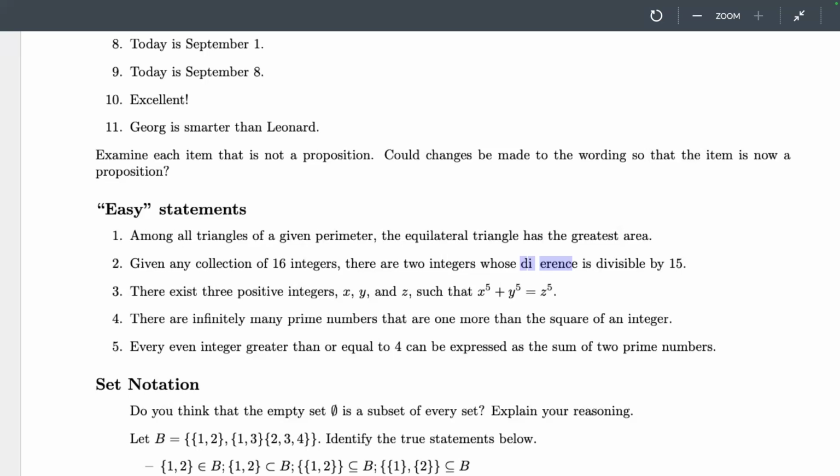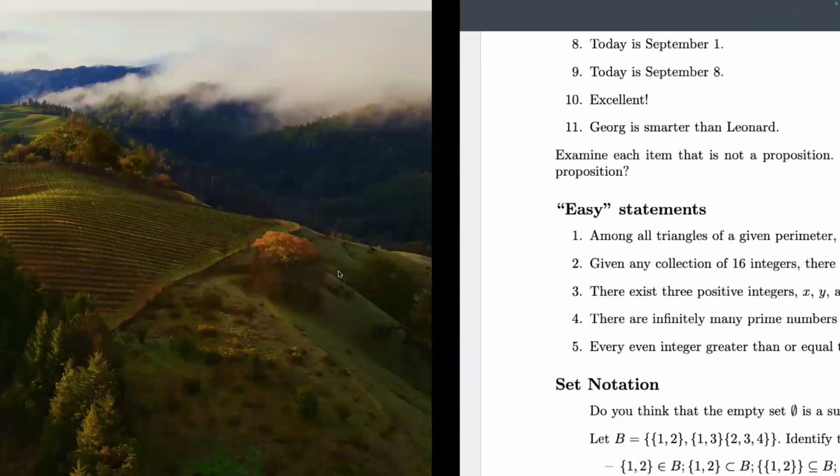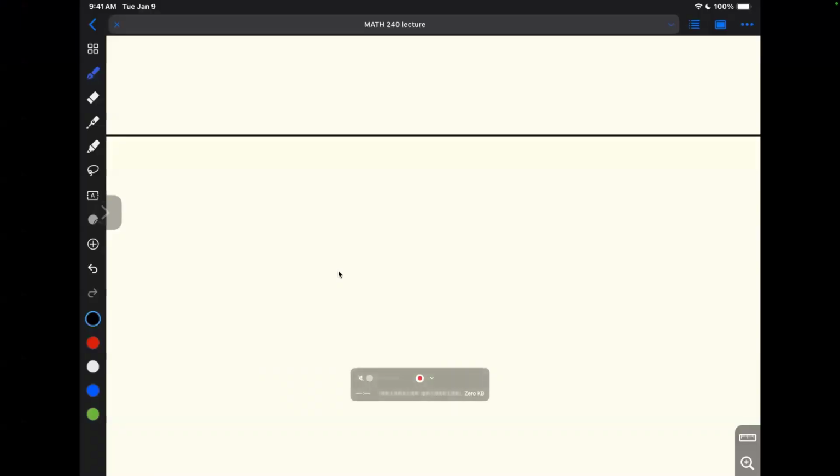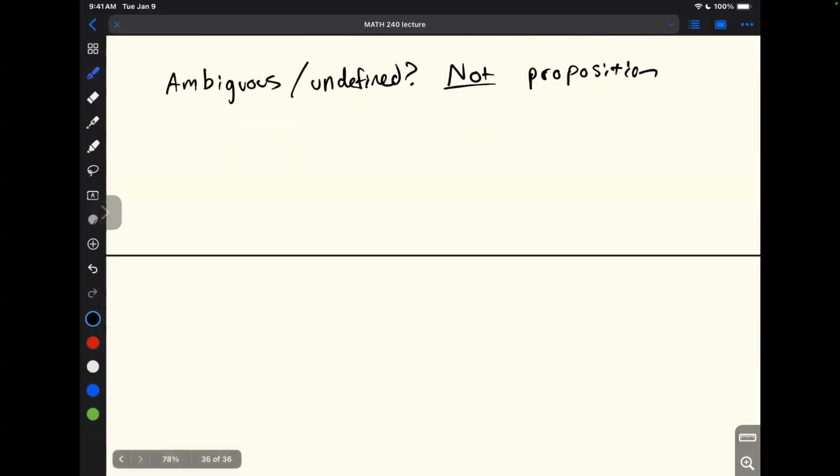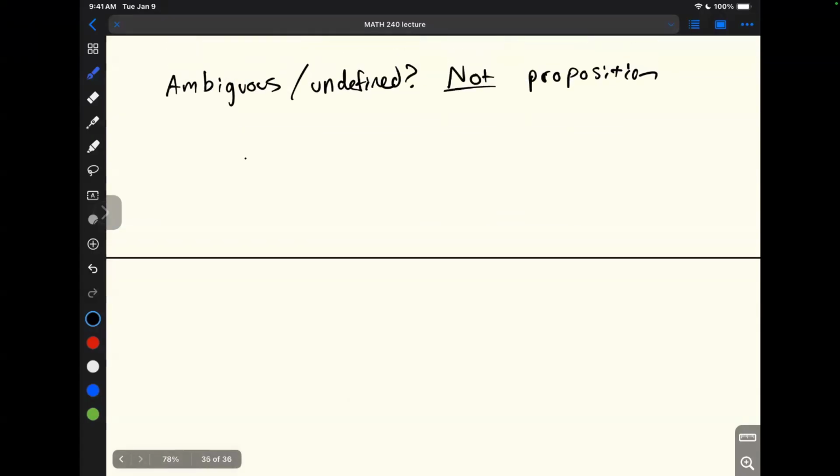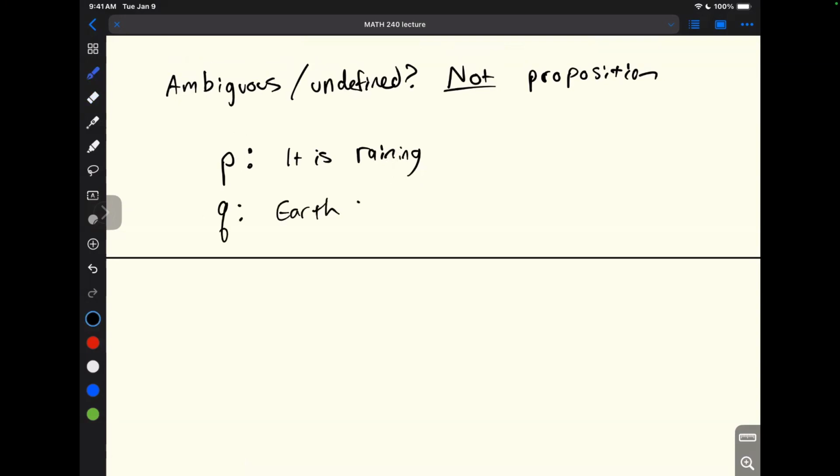We can write propositions. We'll see this on Wednesday, where we write a proposition with the lowercase letter p, and we can define the statement, like it is raining, or Earth is a planet.